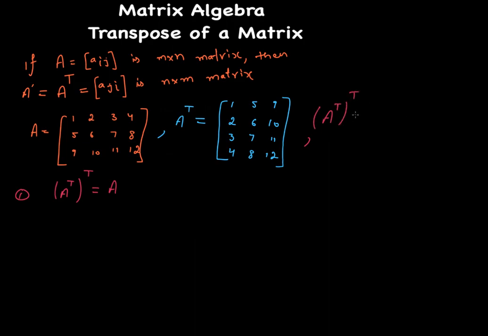The row of this matrix is the column of the new one, so it can be written as 1 5 9, and then 2 6 10, and then the third row becomes the column 3 7 11, and the last one is 4 8 12.